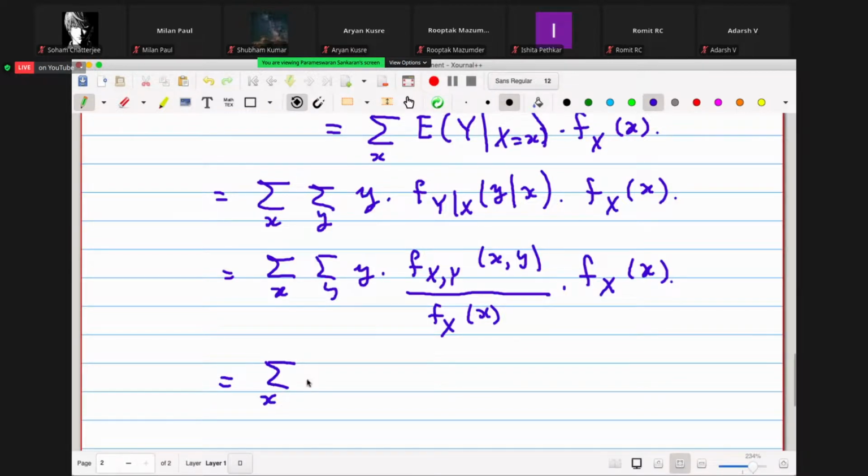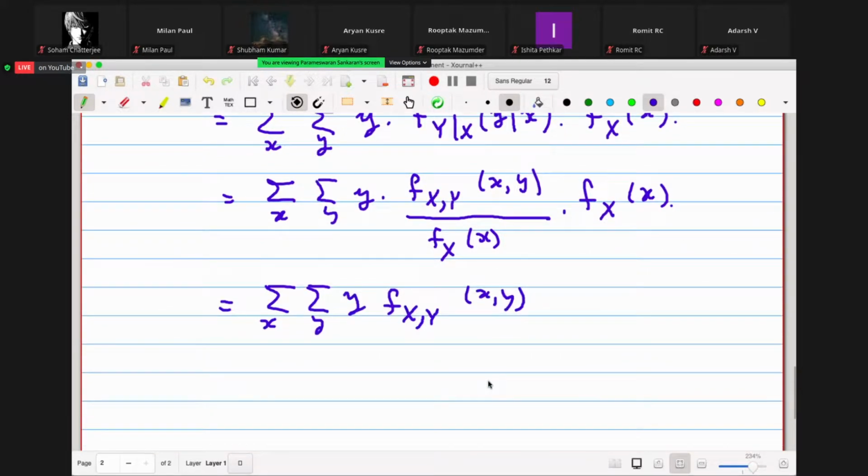So summation over x, y, y times f_XY(x, y). But now change the order of summation. So this becomes summation over y, y is constant, summation over x, f_XY(x, y).